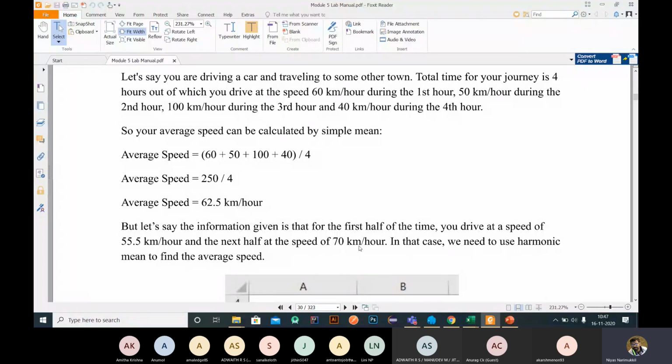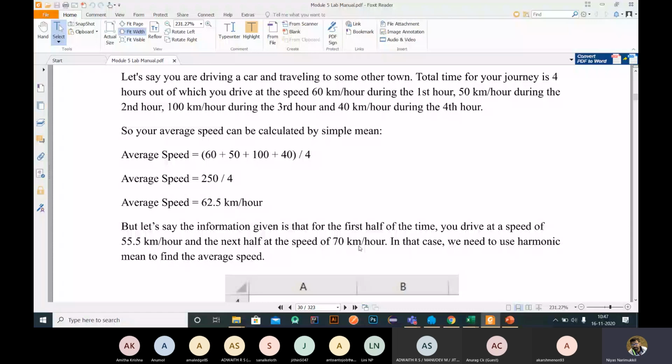In that manner we can go. So the actual average is not simply divided by 2, because the hours are not properly given. So in that case, in order to get a better average, we go for the harmonic mean.